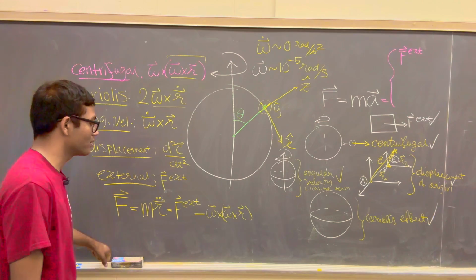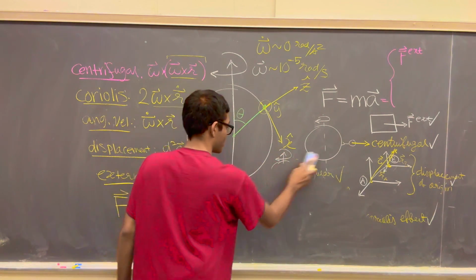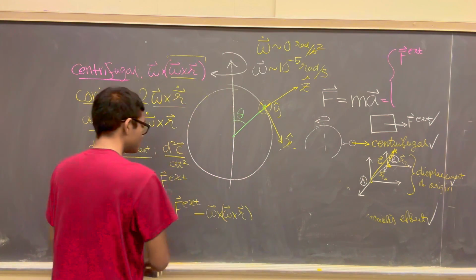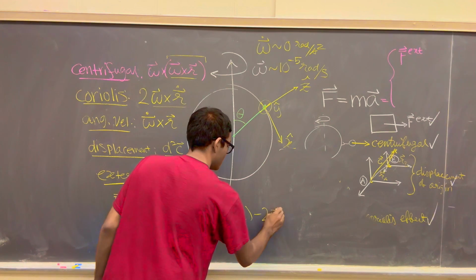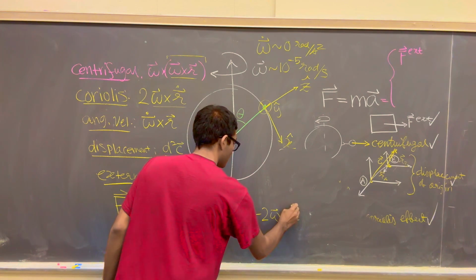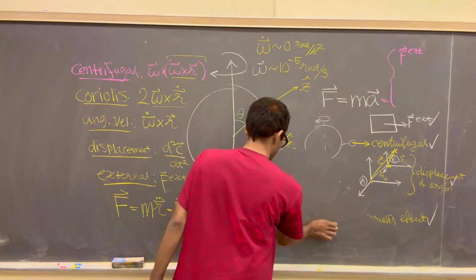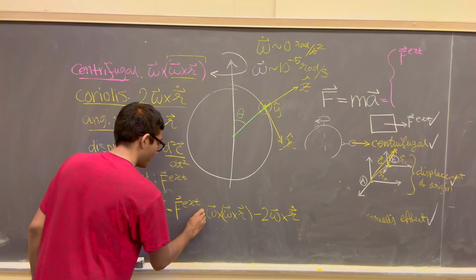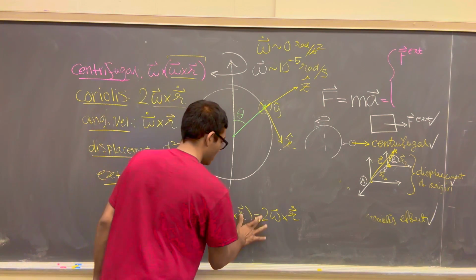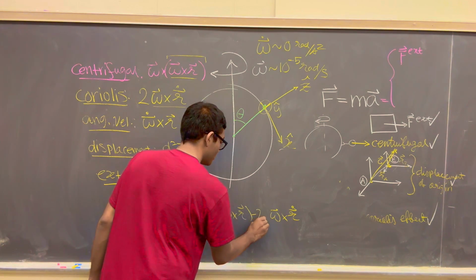Then we've got the Coriolis effect term. Let me erase these pictures so I've got more space. Coriolis effect is of the form 2 omega r dot. Oh, by the way, there should be a mass in all of these terms, because obviously F equals ma, not A. So minus 2m omega cross r dot.